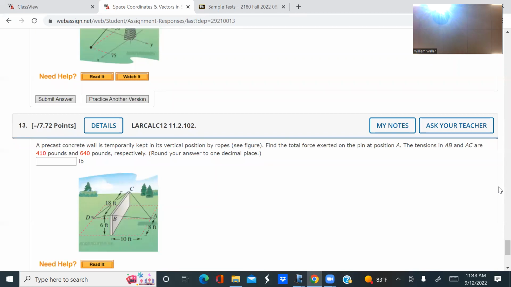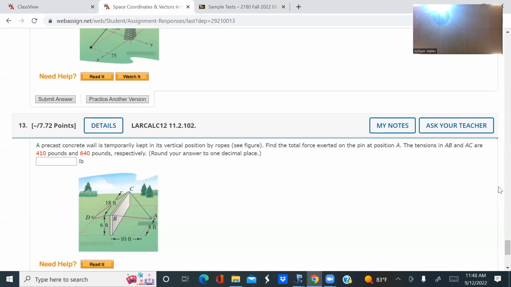And it tells us the force on these ropes. The force on this rope from A to B is 410 pounds, and the force on this rope from A to C is 640 pounds. And so we want to find the total force that is being exerted on this stake.